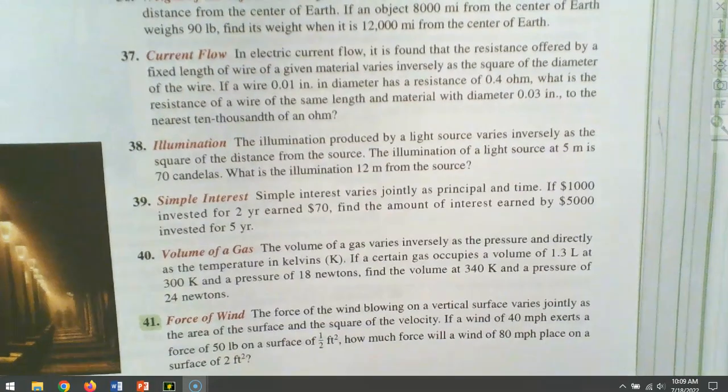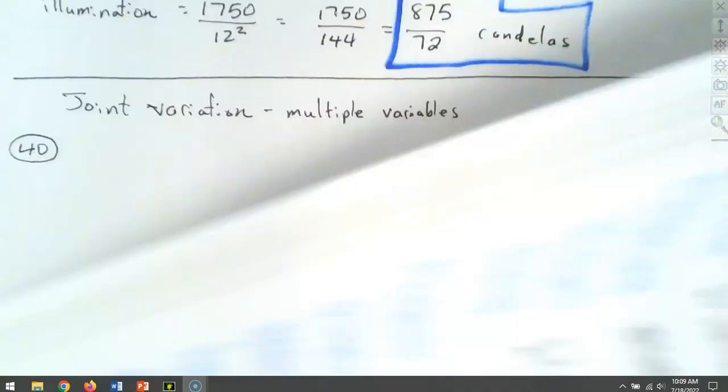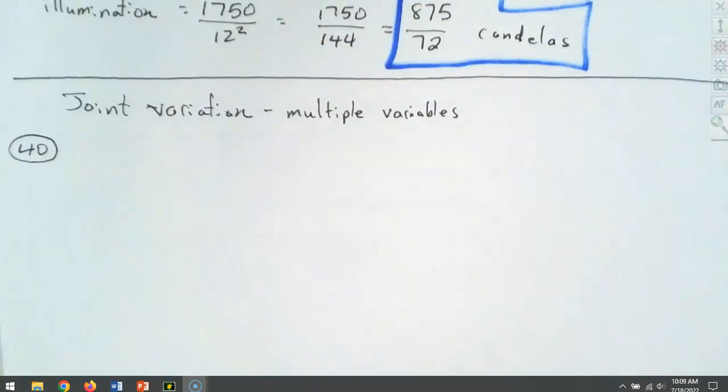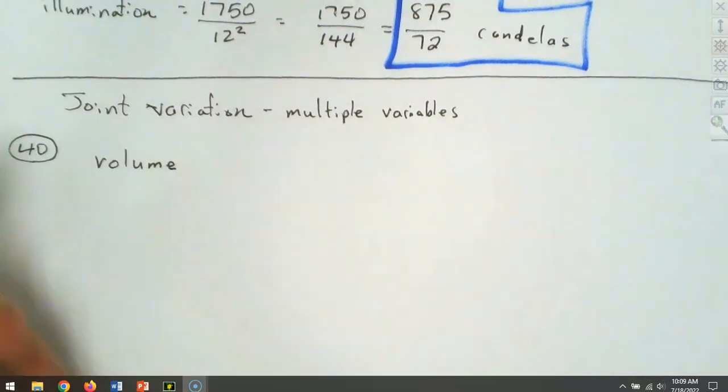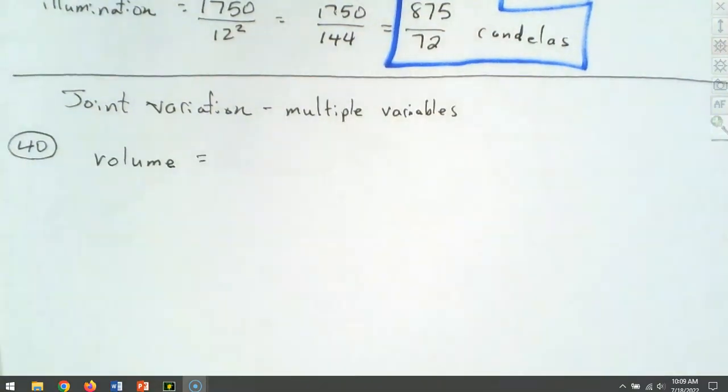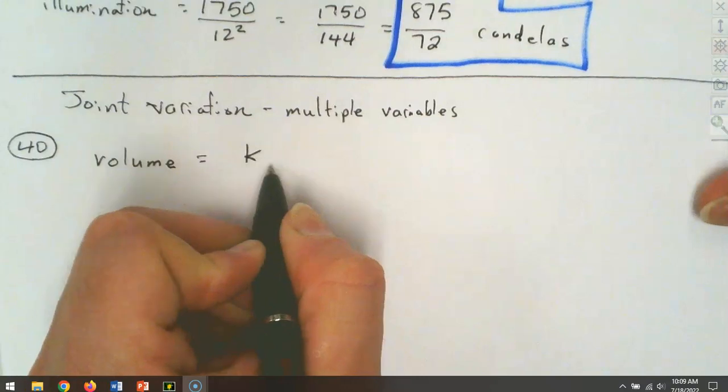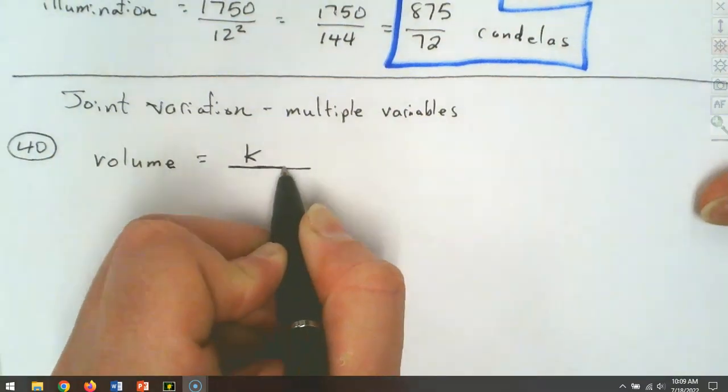So what would that look like now? What do we start with? We start with the volume of that gas. It says it varies inversely as the pressure. So we still have our K. K is always going to be there. You have to find the K every time.